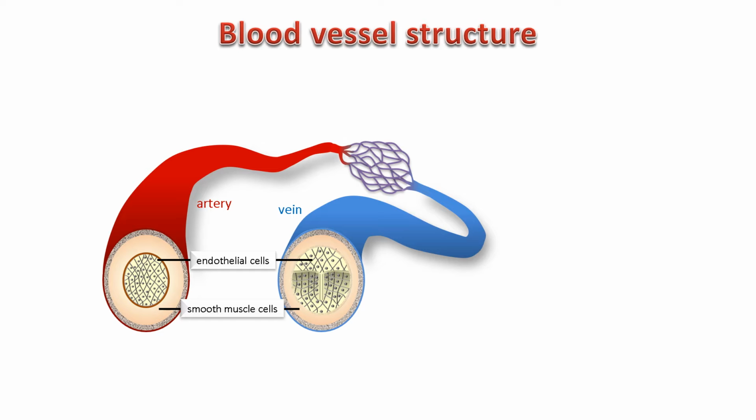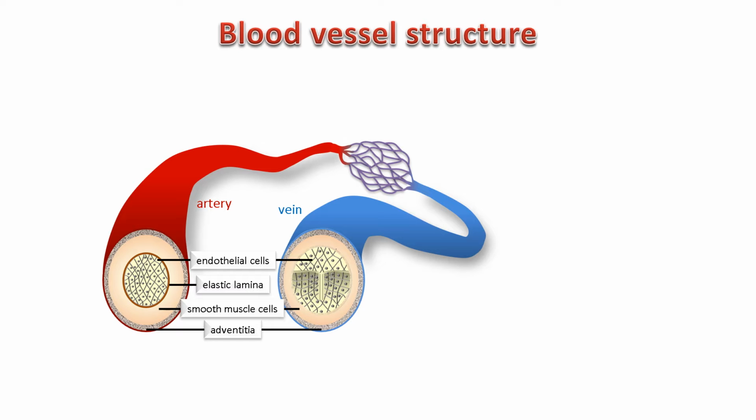This layer is known as the tunica media. In large arteries, the endothelial and smooth muscle cells are separated by a layer of elastic fibres, known as the internal elastic lamina. An external elastic lamina may separate the smooth muscle cells from the outermost layer of the vessel, known as the tunica externa, tunica adventitia, or simply the adventitia.